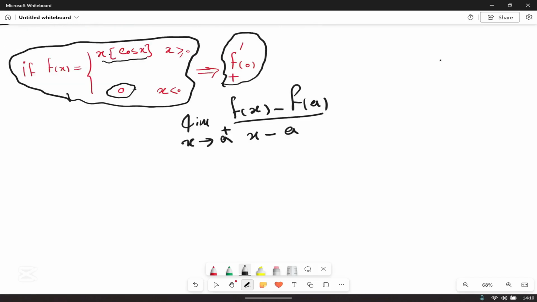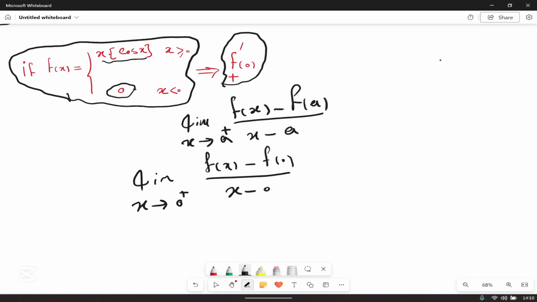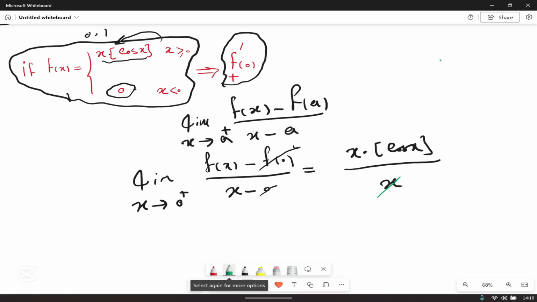Our point is 0, therefore we substitute 0 in the formula, and that is the limit of f(x) minus f(0) divided by x minus 0 when x goes to positive 0. f(0) is 0 times 1, and the answer is 0. It cancels. Therefore our expression is x times the bracket of cosine x divided by x, and they cancel each other.